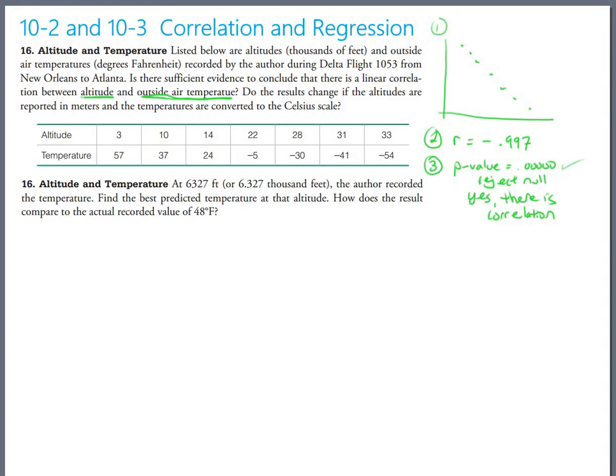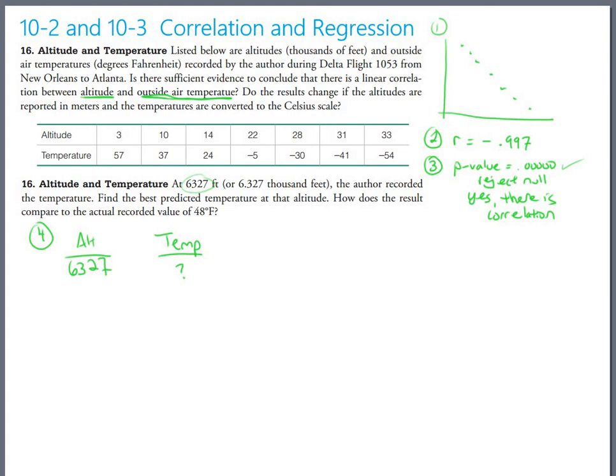Okay, so for part 4, I'll just move over here. For part 4, it said at a particular altitude, so an altitude of 6,327, we're interested in what the temperature is, or what we predict that it would be. And this time there is correlation, so we should be using that equation.